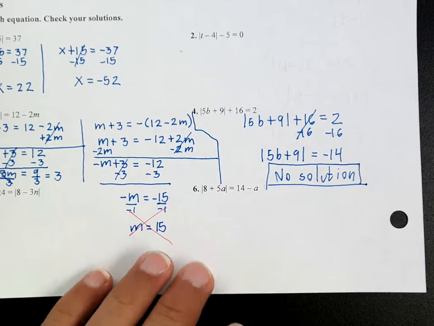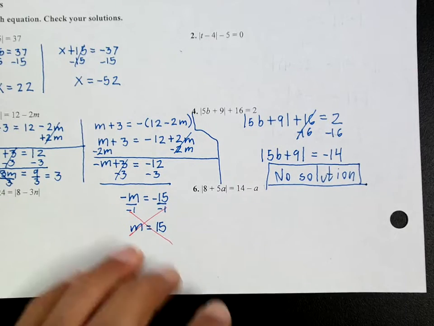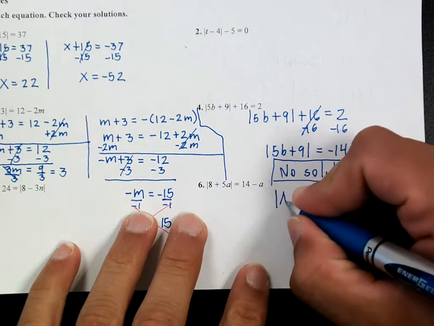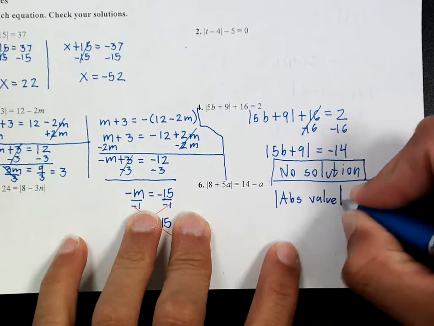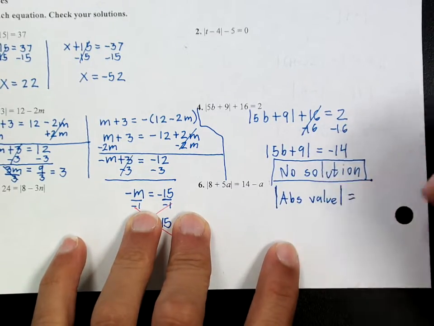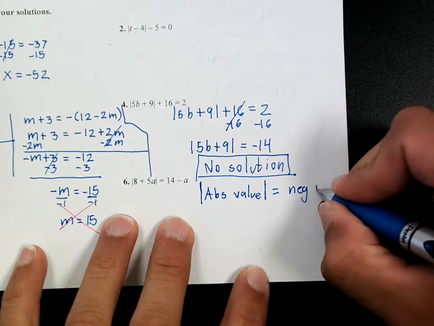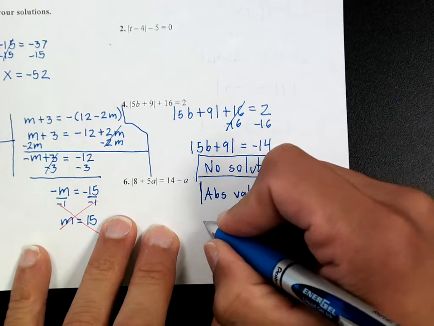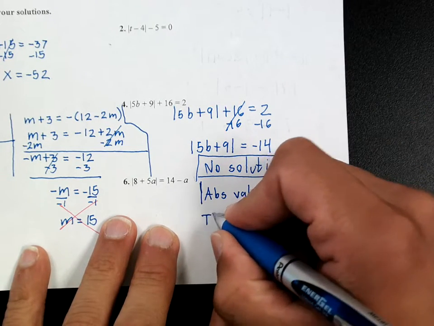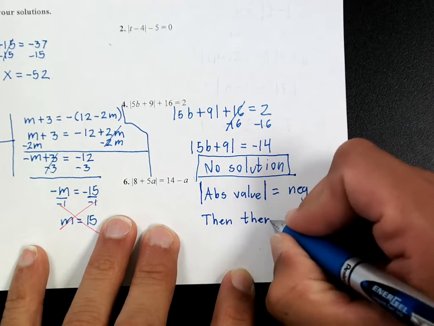So I want to make sure you understand this only happens when you have one absolute value equals a negative number. So if you have one absolute value equals a negative number, then, oh, I want to write mathematically so bad, but I can't.